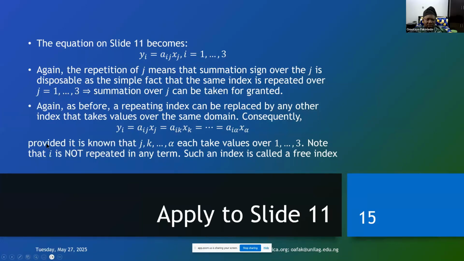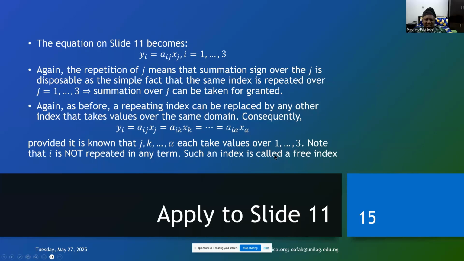And again, as before, a repeating index can be replaced by any other index that takes values over the same domain. Consequently, yi is equal to aij xj is equal to aik xk is equal to ai alpha x alpha, provided it is known that j, k, and alpha each take the values over 1 to 3. Note that i is not repeated in any term.